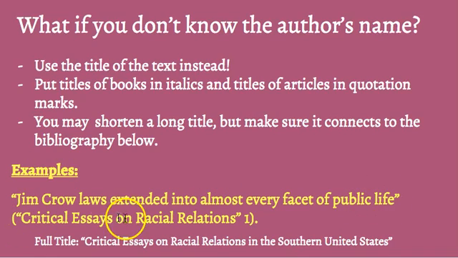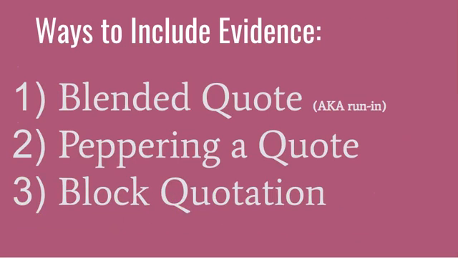It's from this article, Critical Essays on Racial Relations in the Southern United States. So they shortened it here because that would be really long. You probably want as much as Critical Essays on Racial Relations, and then the page number. And again, period on the outside.